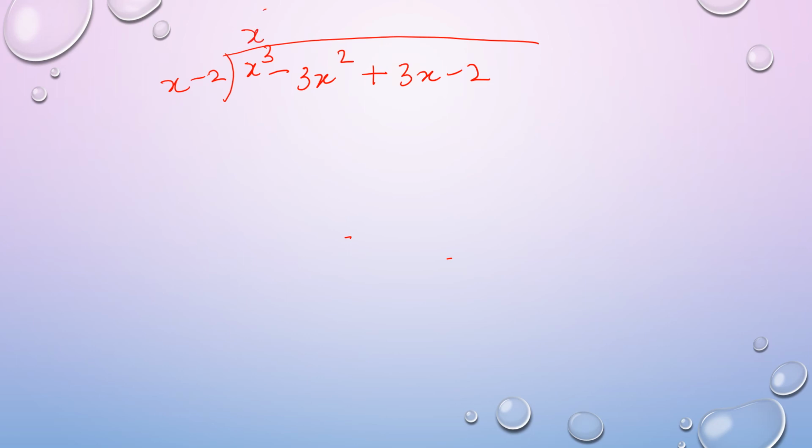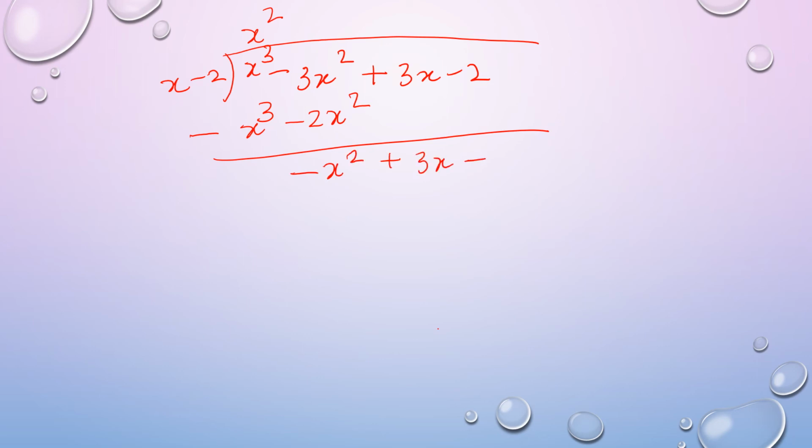So we write x square. X square into x is x cube. Minus 2 into x square is minus 2x square. So you write minus 2x square. When you subtract, you get x cube minus x cube is equal to 0. Minus 3x square minus 2x square is equal to minus x square. Now bring down 3x and the constant minus 2.